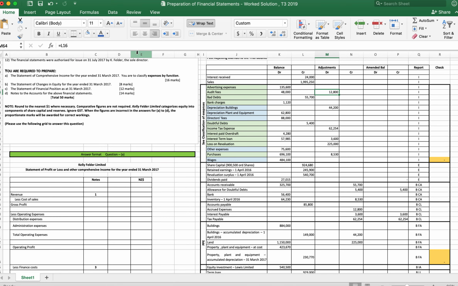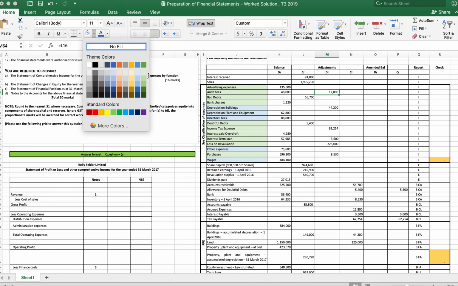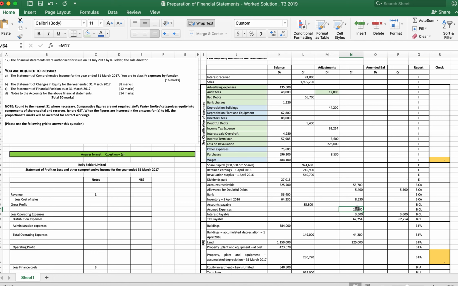That marries up with that. 4420 marries up with that. Okay, 62, it marries up with that.